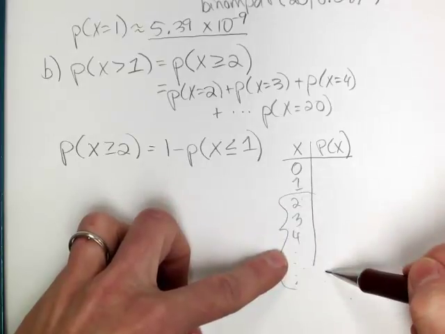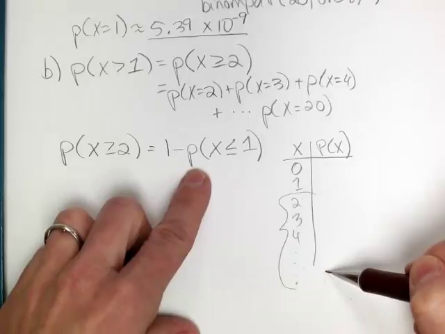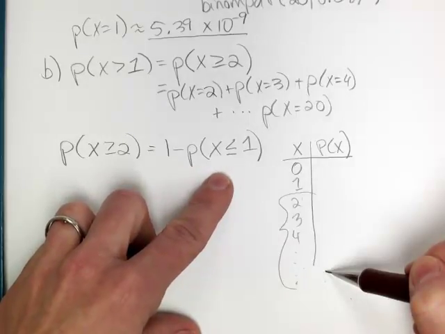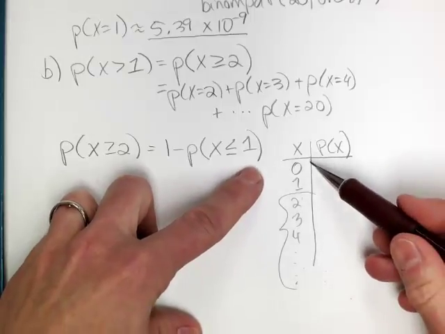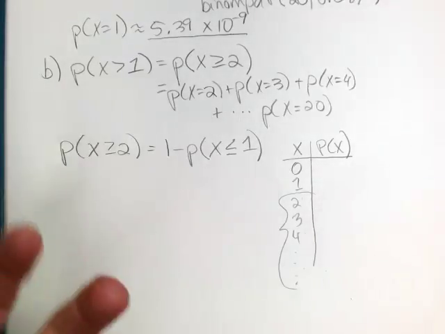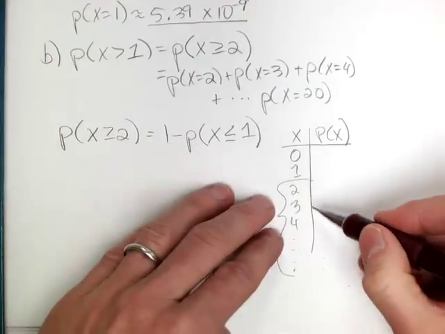But what we have in our calculator is the cumulative function. The cumulative reads from x is 0 up to any other x value of interest.